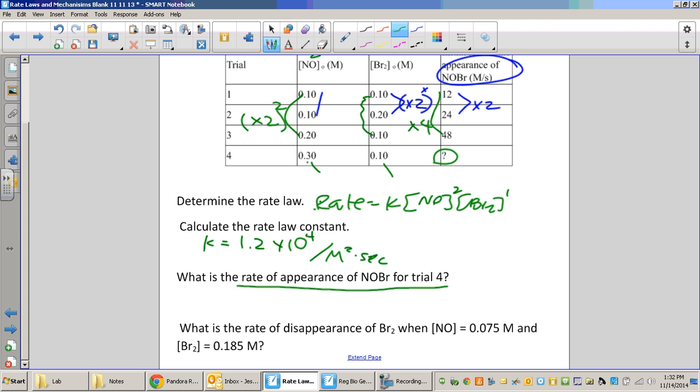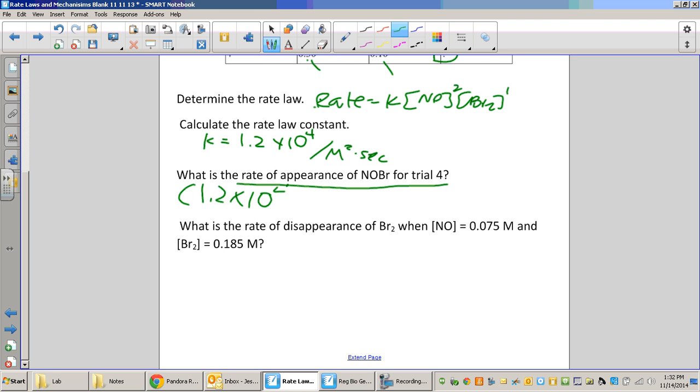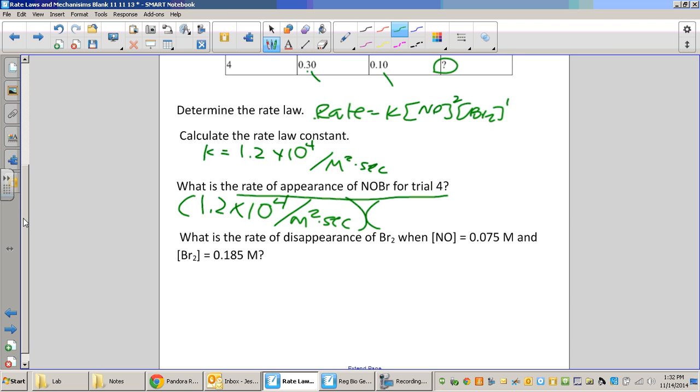So K, which was 1.2 times 10 to the 4th, divided by molarity squared seconds, times concentration of A, which was 0.30 molar squared, right? And then this one is 0.10 molar to the first. Plug, equals, that's the one I just wrote down.